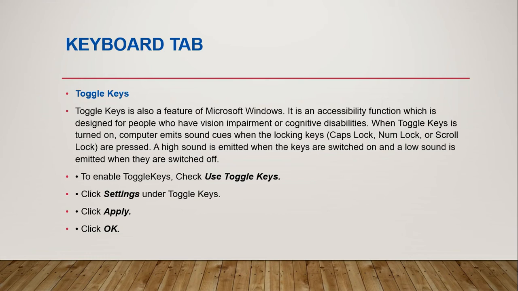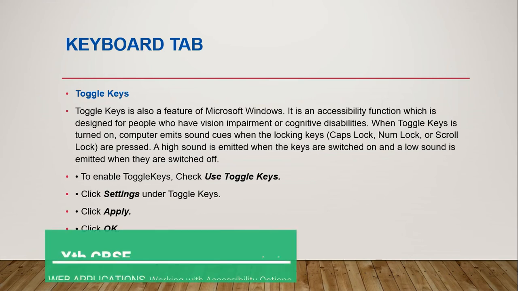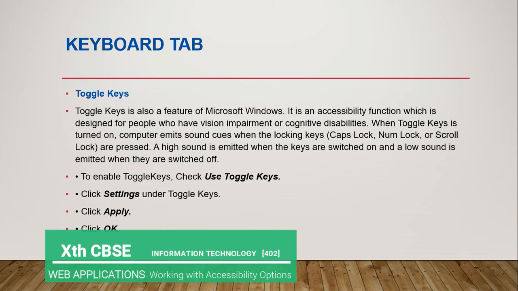So hearing that sound, they can identify whether the buttons are on or off. When they are on, we get a higher sound. When they are off, they get a low sound. So that is the use of toggle keys. Caps lock, num lock, scroll lock, these three are called toggle keys.